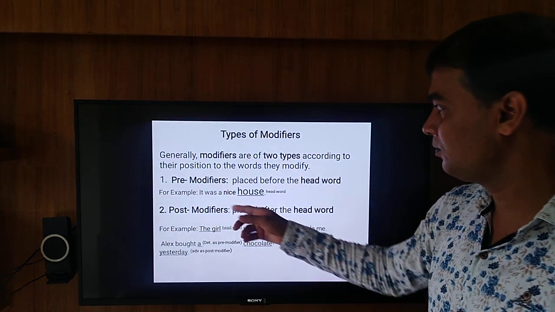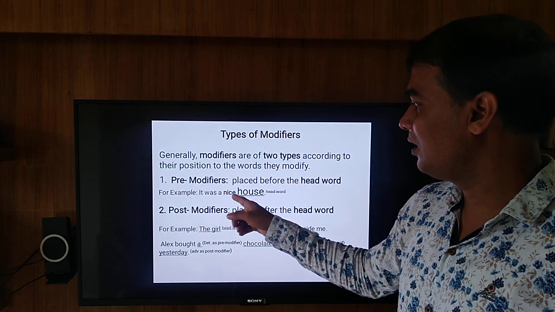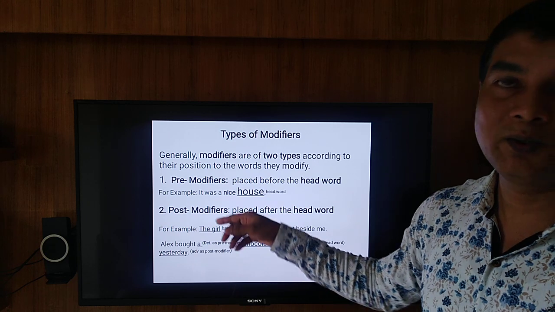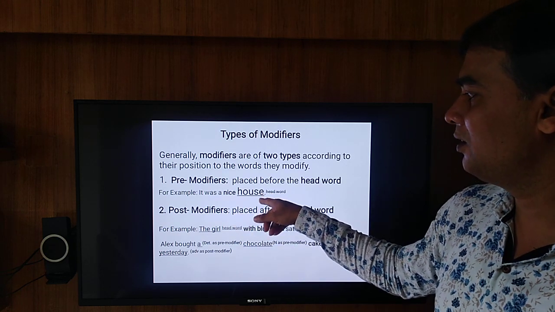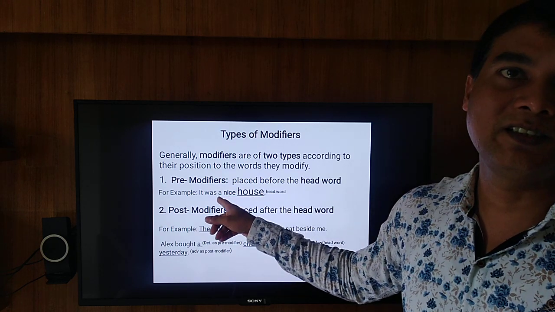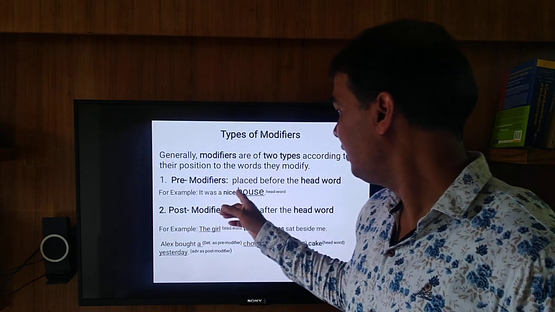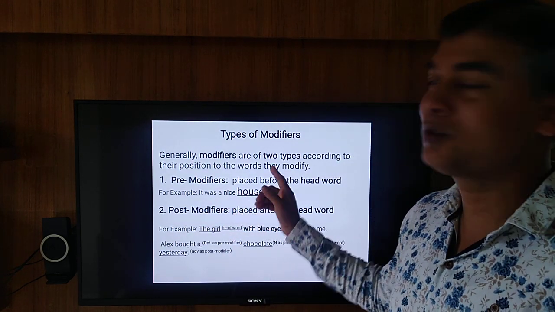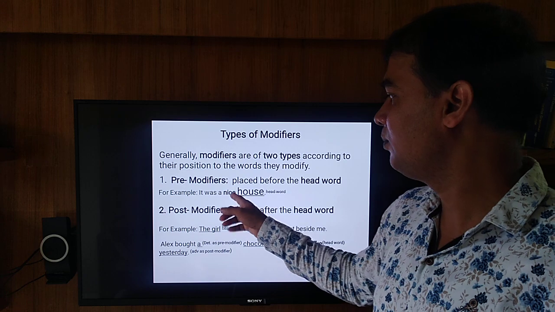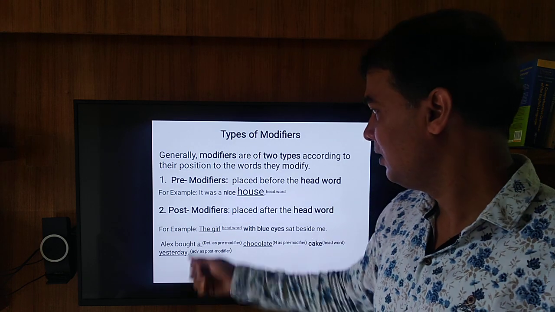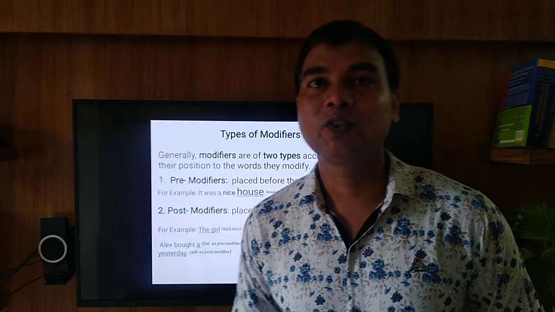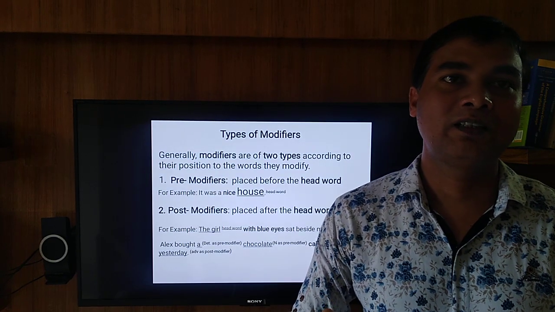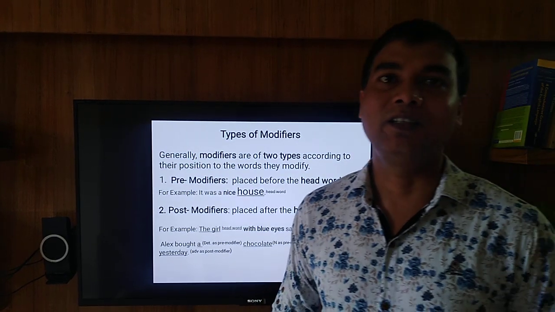For example, it was a nice house. Here you see, house is the head word and nice is an adjective. It is placed before the head word. So this is a pre-modifier. And post-modifiers appear after the head word in a sentence.